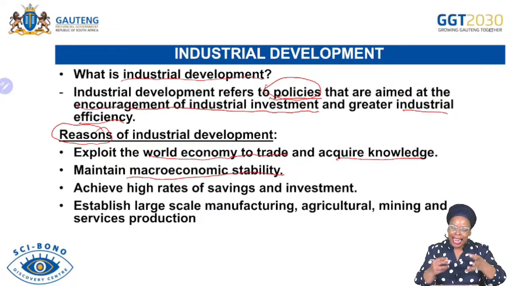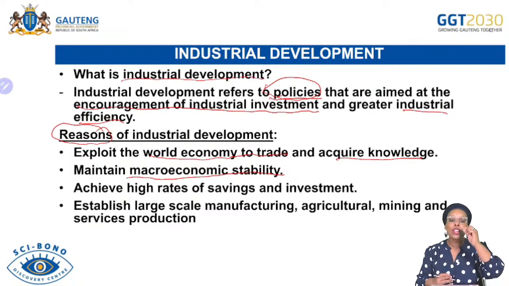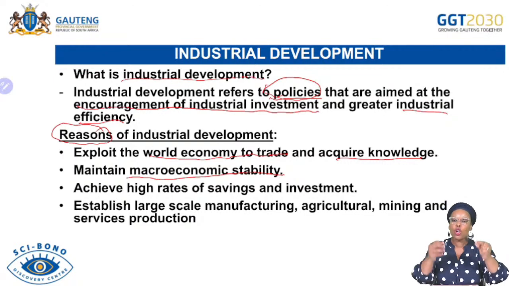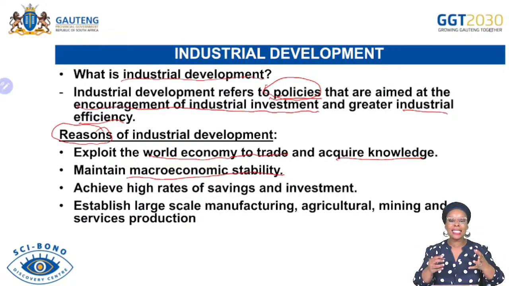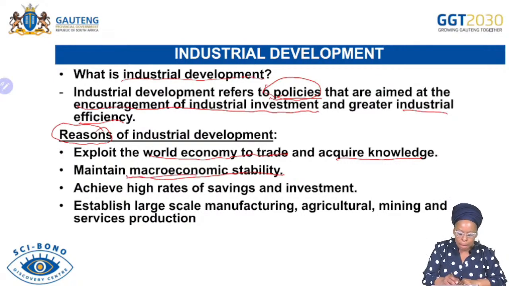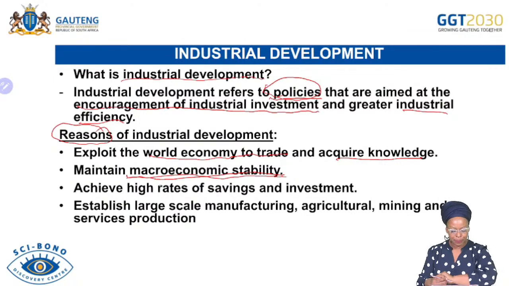So the government can obtain or achieve those objectives through industrialization. If we can have more industries established, then the government will be able to achieve macroeconomic objectives or macroeconomic stability.